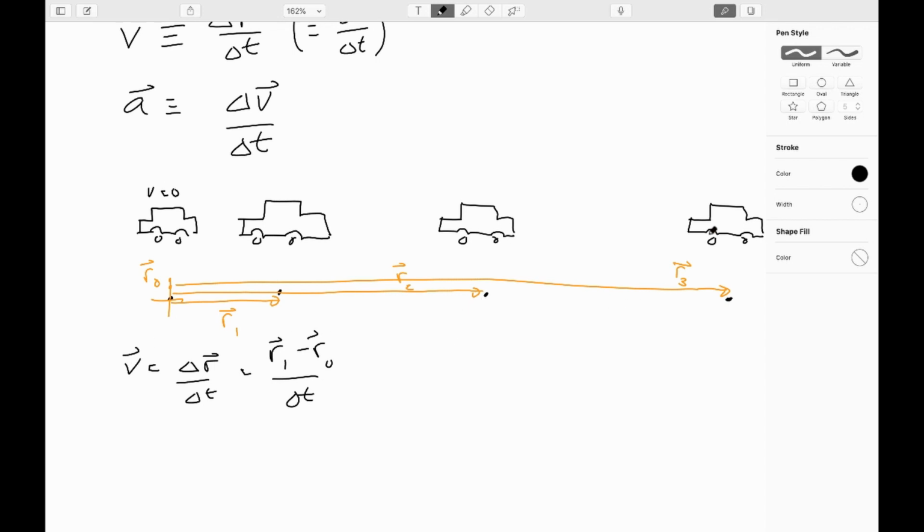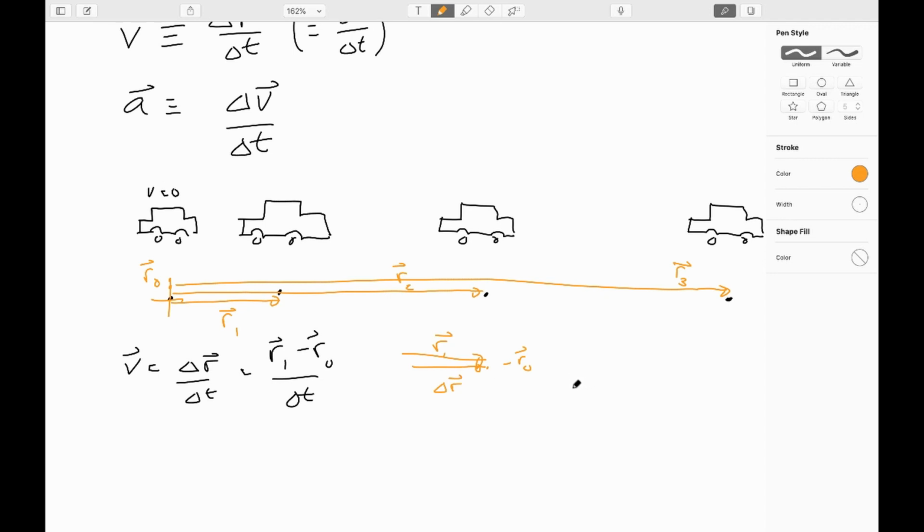All right, let's just do that graphically. So this would be r1, and I would add to that negative r0, and I'll do that by tail to head. Since it's just a dot, there you go. So there's my delta r.